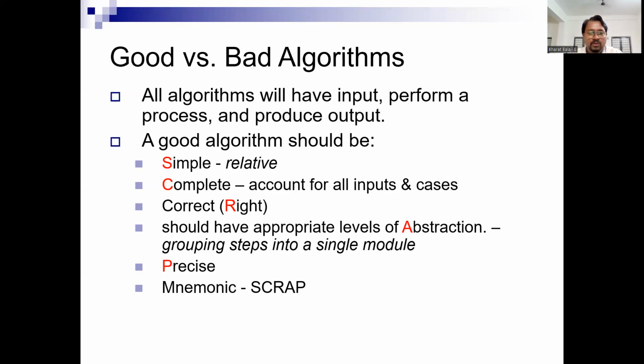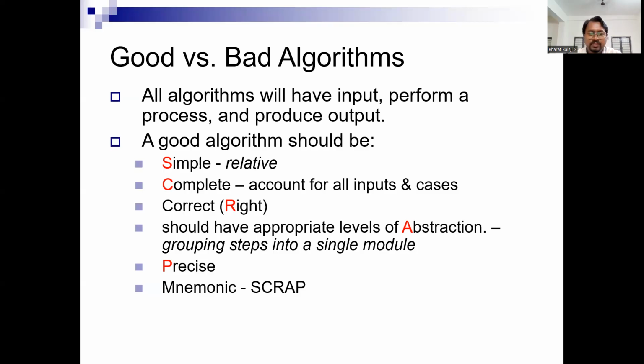A good algorithm should be simple and relative to that particular problem. The second point is that it should be complete and account for all the input cases. Without completeness, when we give an incomplete solution, a program may or may not produce the output.